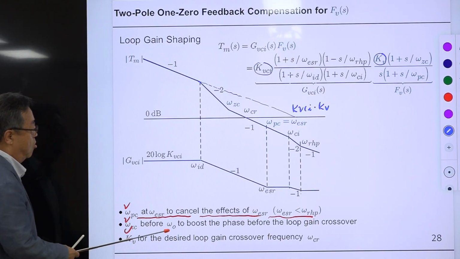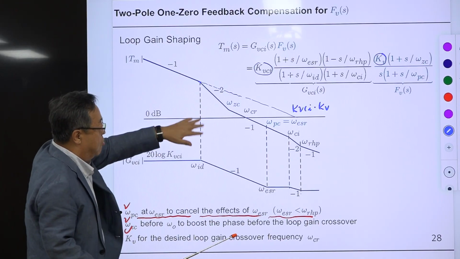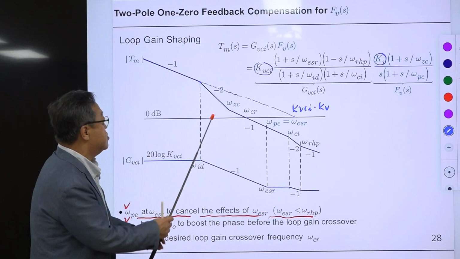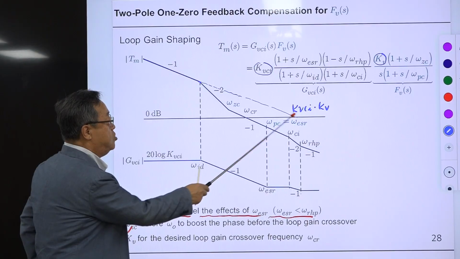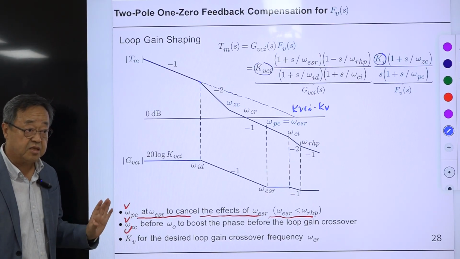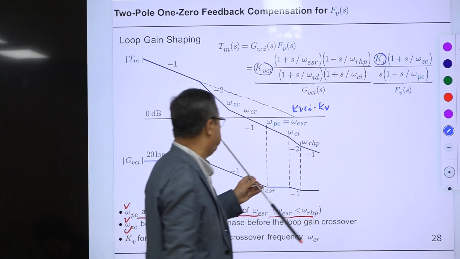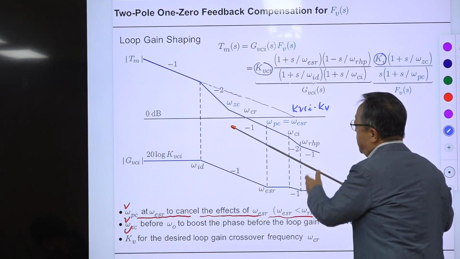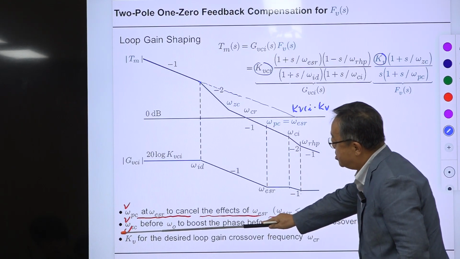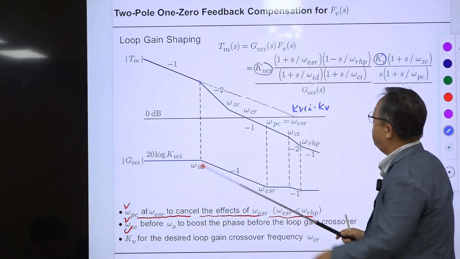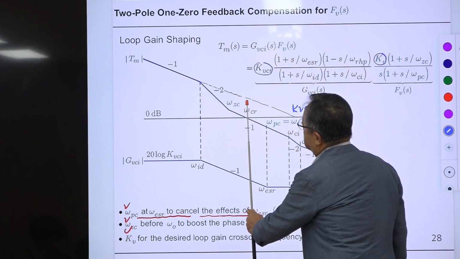The purpose of shaping in this manner is explained here. This omega PC is located to cancel omega ESR, which extends the frequency range of -1 slope for the loop gain, and omega GC is placed before omega CR.